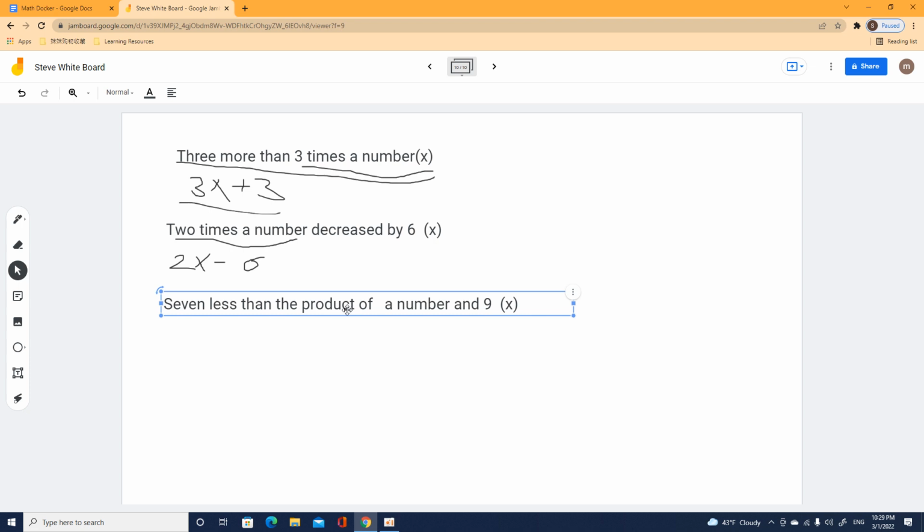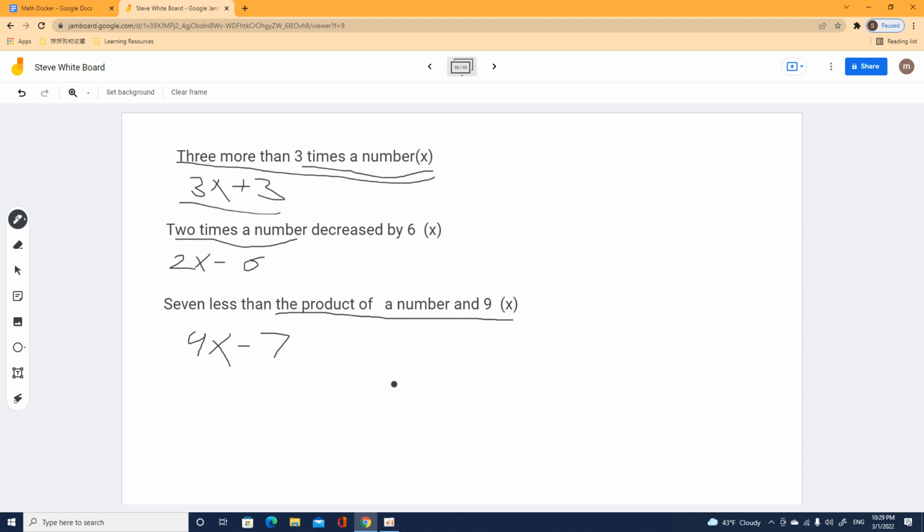The product we should think about the multiplication, and the less than we should think about the subtract. First we care about this part, the product of the number and 9. Because the number is x, the multiplication is 9x. 7 less than the whole thing, so we should minus 7. So that's the result.